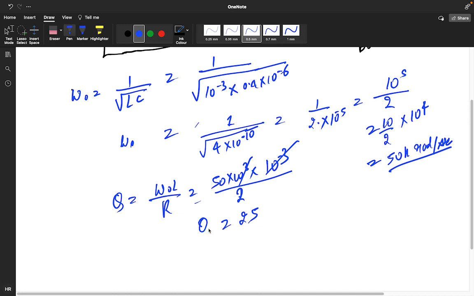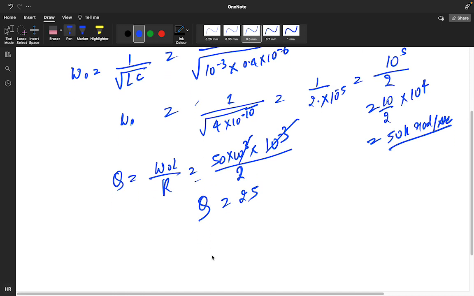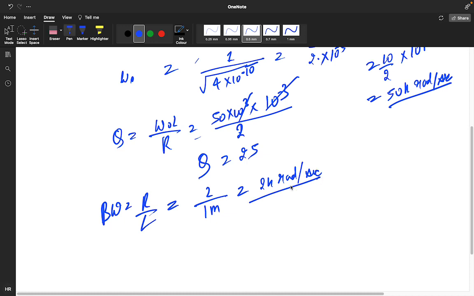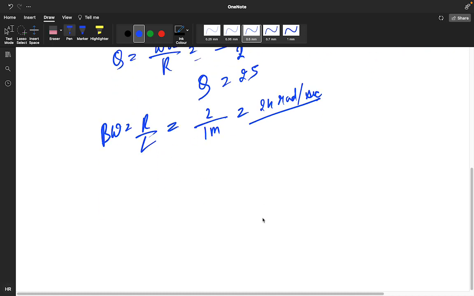So this is your quality factor. And what will be the bandwidth? R by L. R is 2 and L is 1 millihenry. So how much will you get? 2k radian per second, right? 2k radian per second.